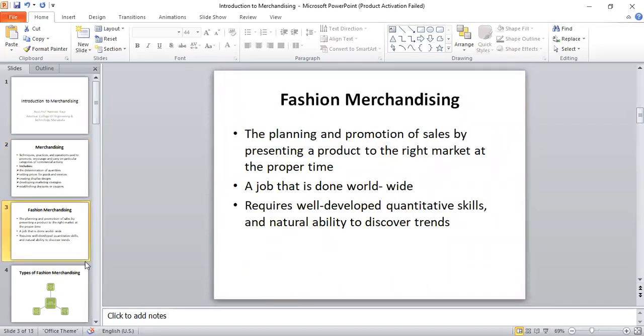The next is fashion merchandising. In the fashion industry, there are different types of merchandising profiles which are meant to perform different types of functions all together at different stages of the fashion industry.